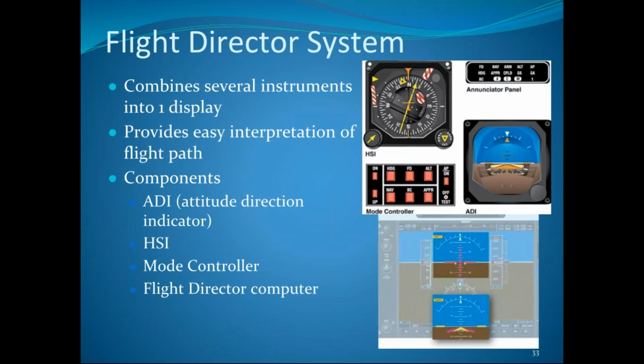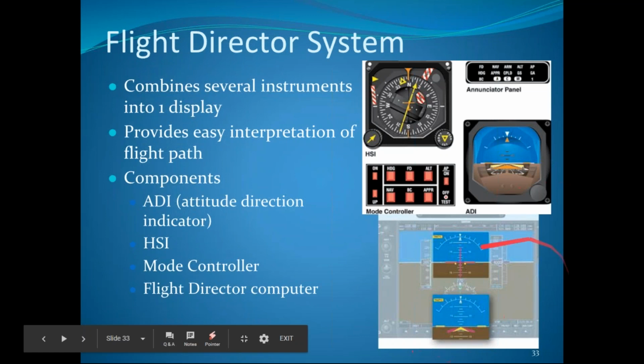So, flight director systems. These flight director systems are just a combination of several instruments, like we said before. The glass cockpit is how we're going to see it. These glass cockpits just put a ton of information in one place.